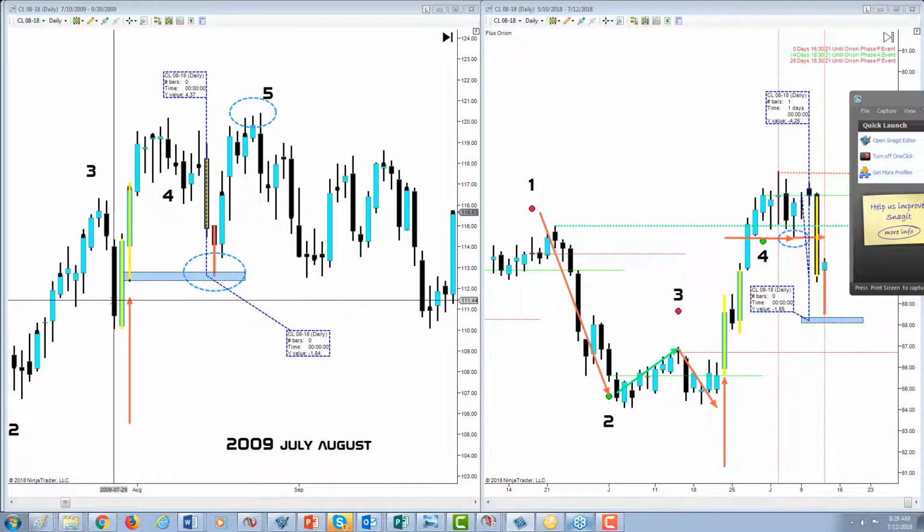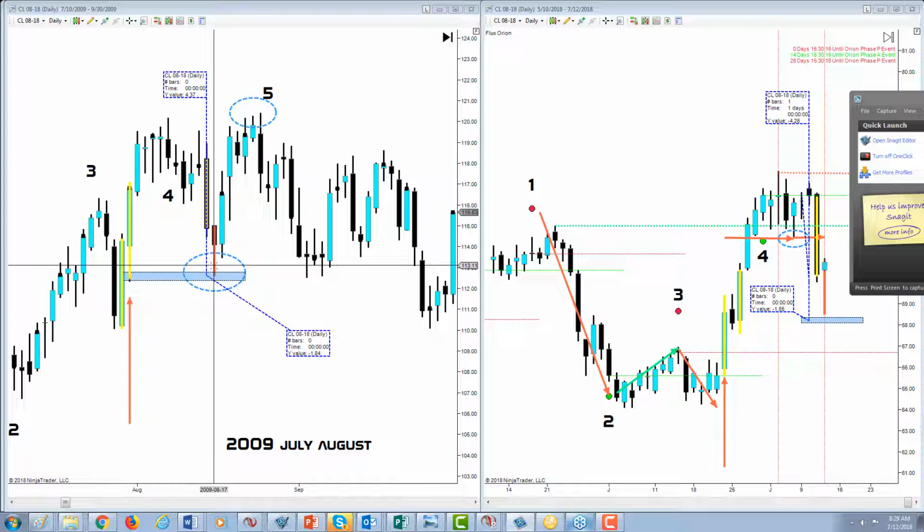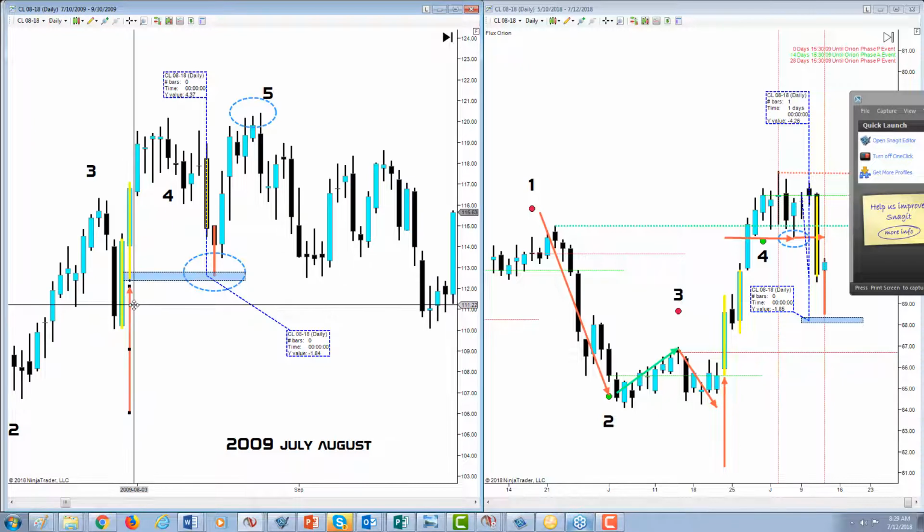What's interesting is that in the 2009 version of this pattern, they came all the way back to the low of the second bullish candle.